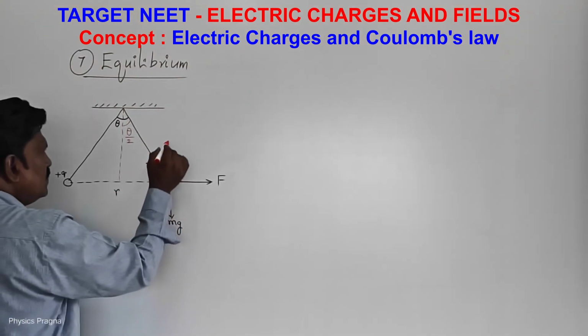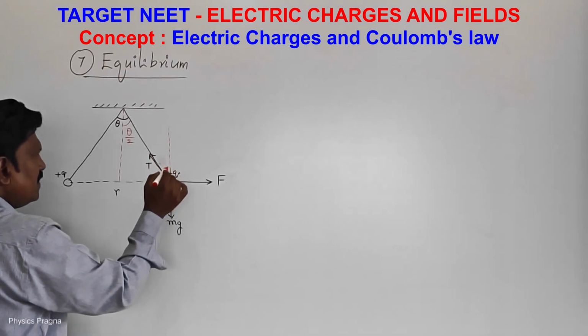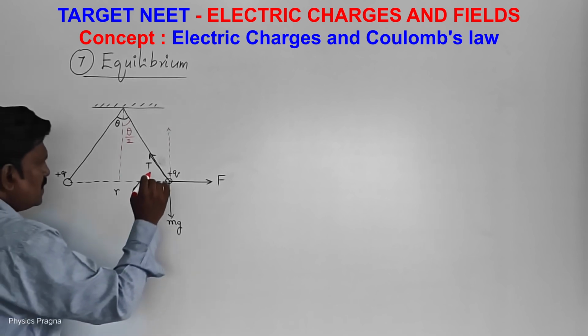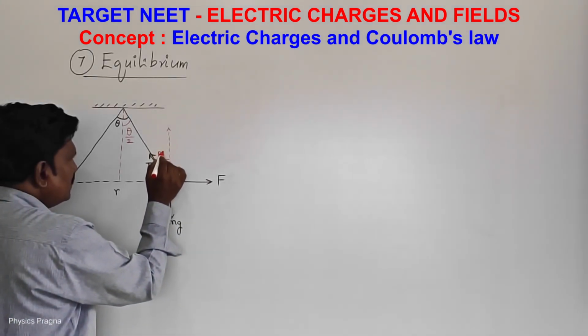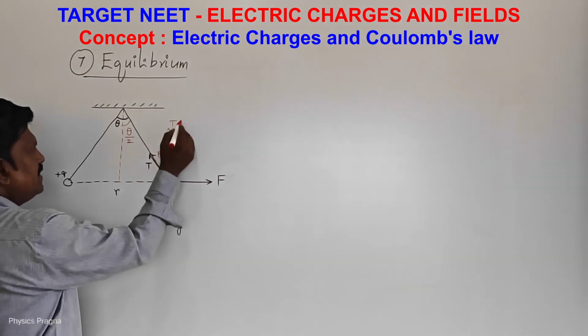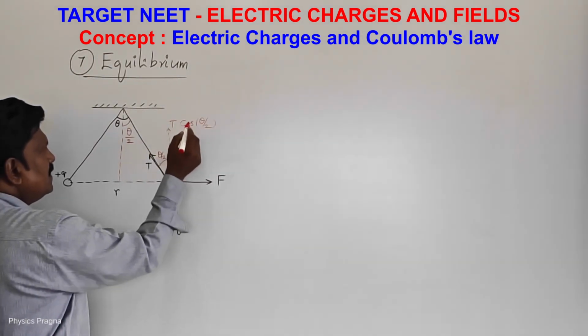Suppose this is theta by 2, so the tension in the string can be resolved into components. So this is theta by 2. See, theta by 2 is adjacent, T cos theta by 2.